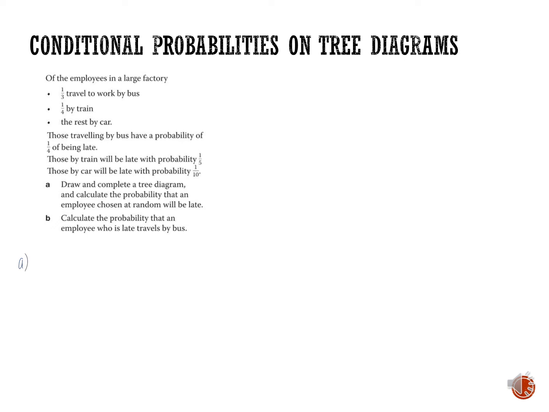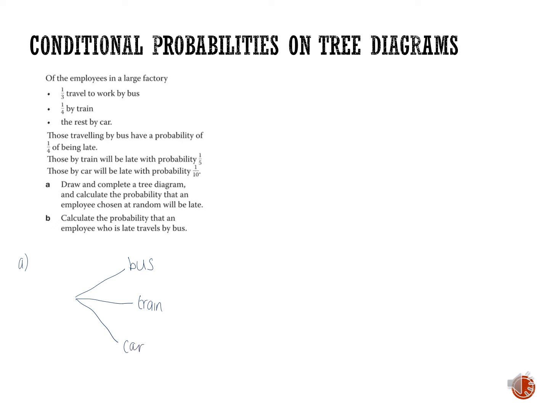Right, let's read it all. So we're talking about employees and the way they travel to work, and then we're talking about when they travel to work via that method, the probability they'll be late or on time. So my tree diagram is going to have a branch for each of the ways they travel to work. So bus, train, car.